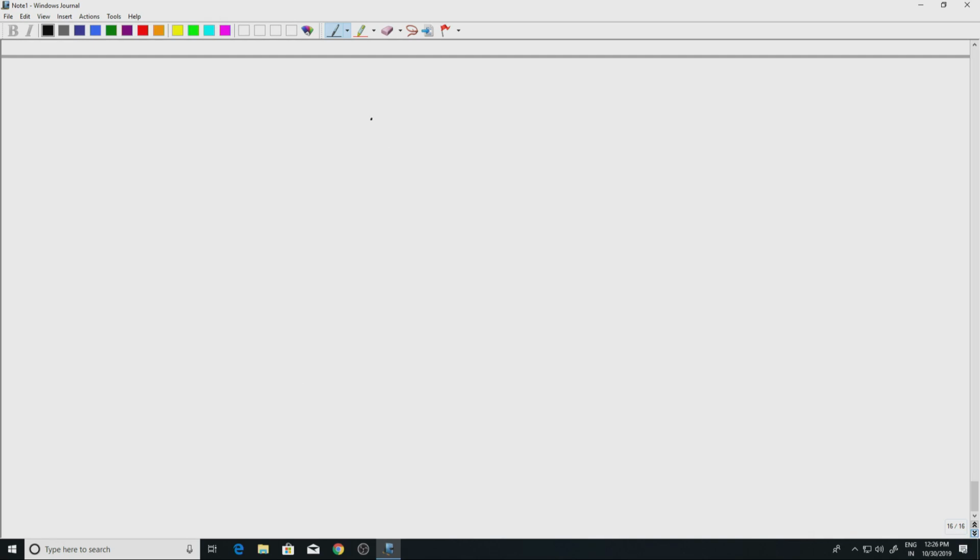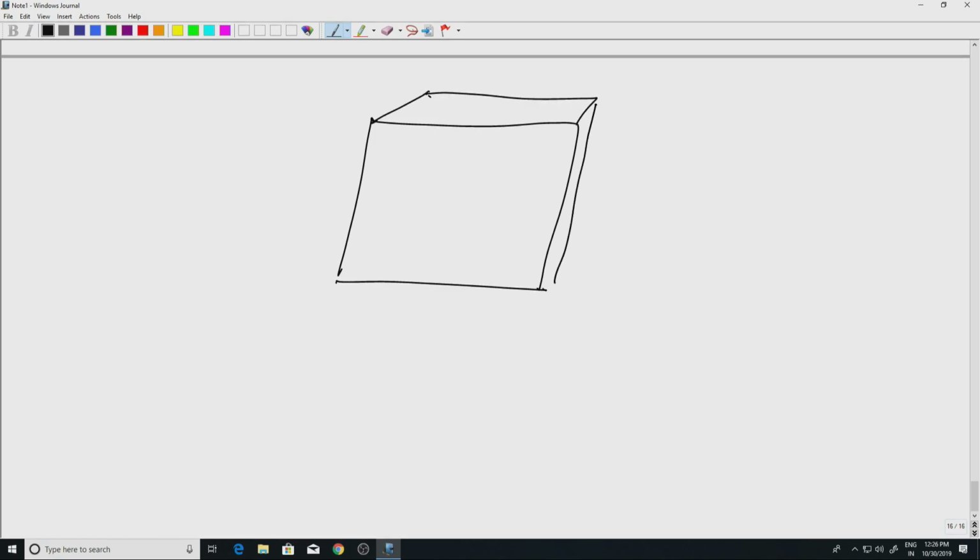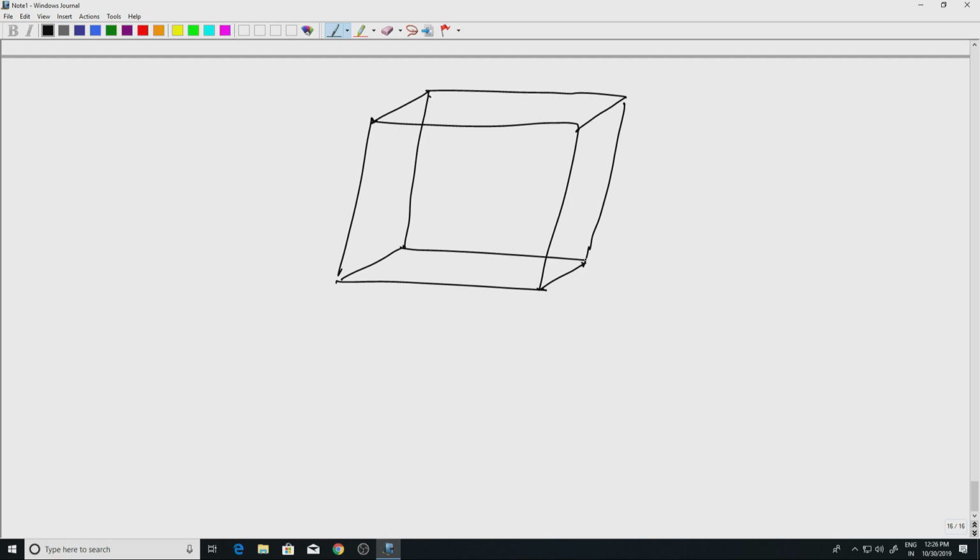Now let us consider this unit cell. This is the 0 0 0.